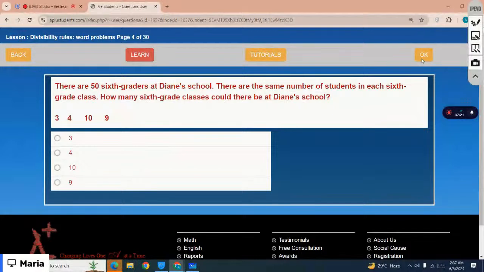Which is the correct option? Yes, the correct option is 10, because you have a 0 with 5. You have 0 as the last digit. That means the number is divisible by 10. The correct option is 10.